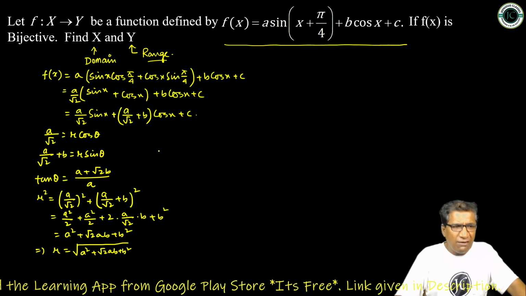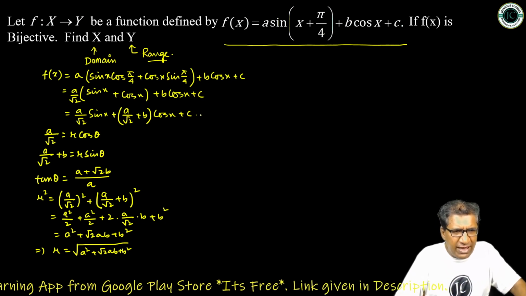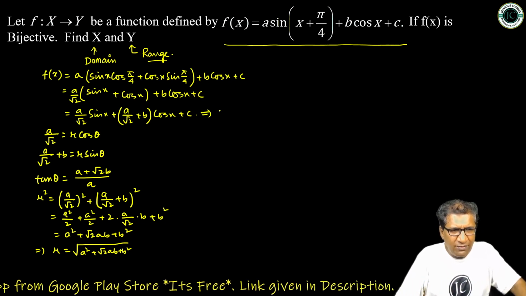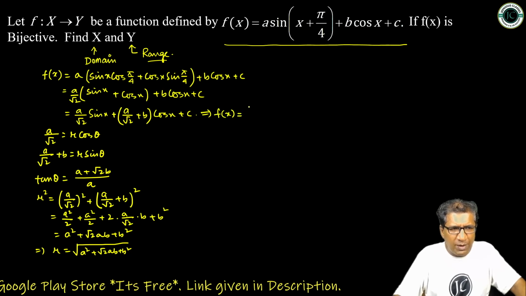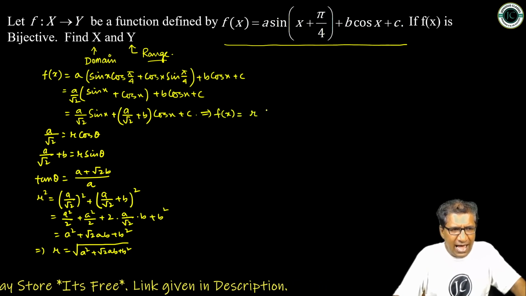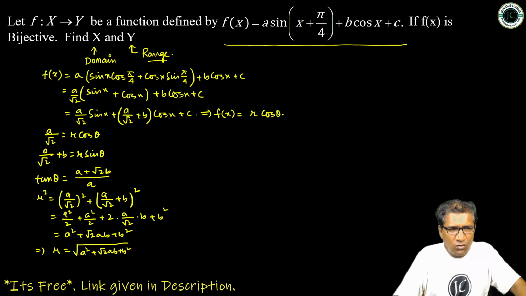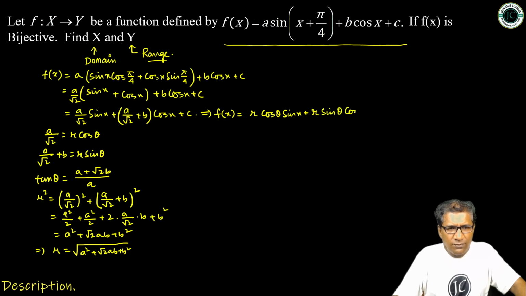Correct? Therefore, your expression f(x) becomes r cos theta sin x plus r sin theta cos x plus c. So if I take r common, this is coming like r sin(x plus theta) plus c.